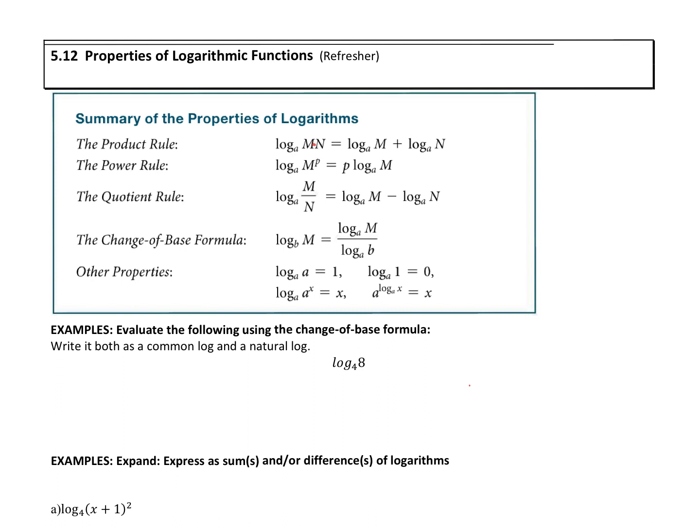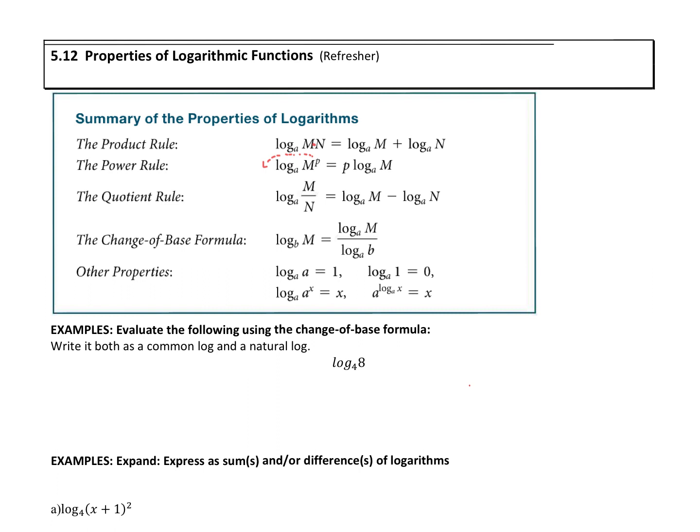The power rule says if you have log base a of m to a power, that allows you to bring that power down in front, and you'll have p times log base a of m. The quotient rule says if you have the log of a quotient, you have the difference of the logs, the log base a of m minus the log base a of n.